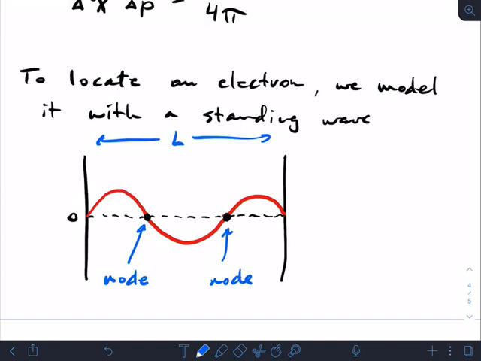There's a rule that says for any given quanta, the number of nodes equals n minus 1. In this particular situation, the number of nodes is 2. So if 2 is my number of nodes, then n must equal 3.